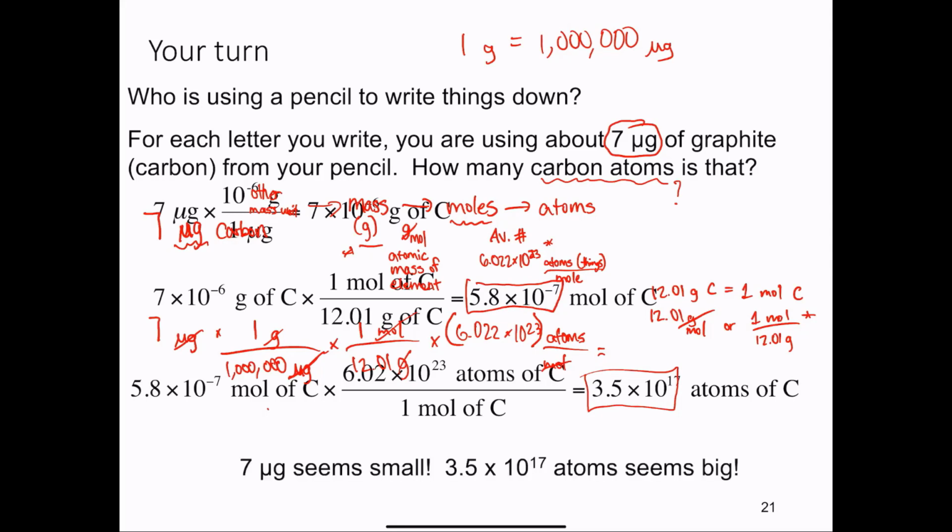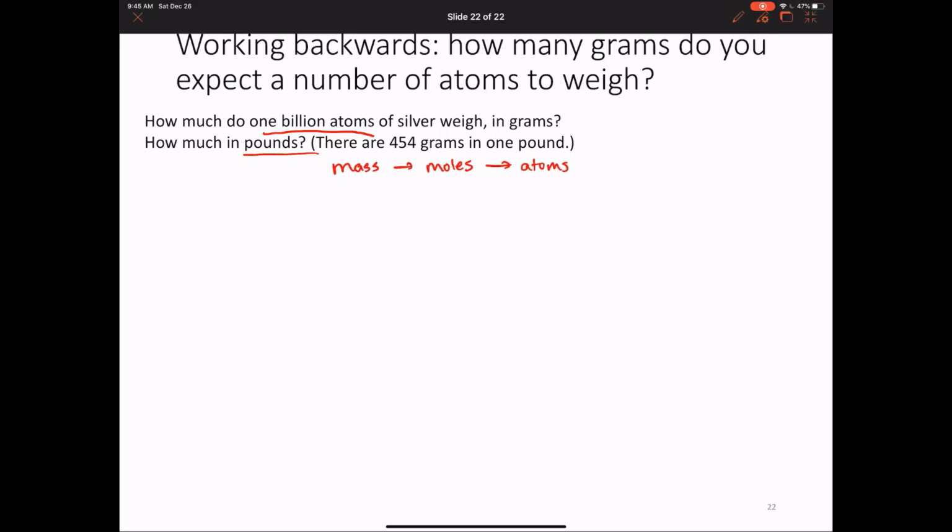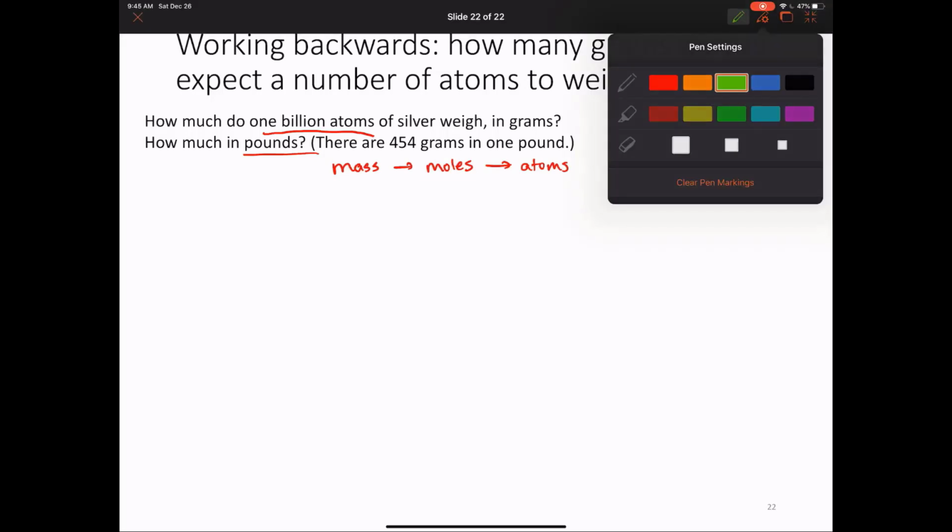Okay, let's do another example. This time we're going to start with atoms, and we're eventually going to get into pounds. So the flow that I've shown you is mass to moles to atoms. But if you start with atoms, how do you get back to mass? Well, you really just go the opposite way.